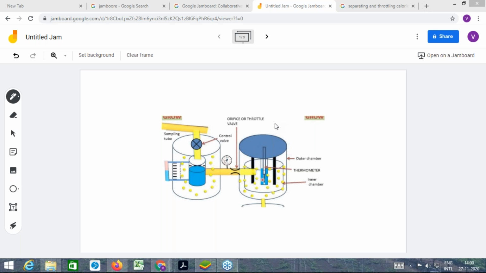And this device is used for measuring the dryness fraction of the steam, that is, the value of X.